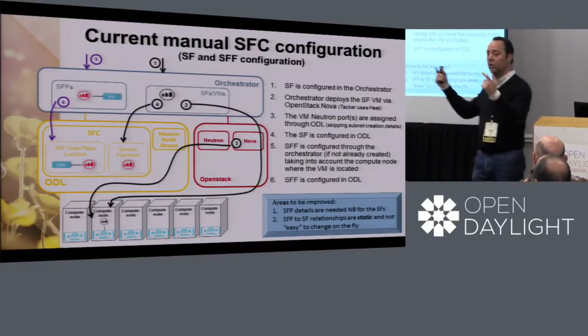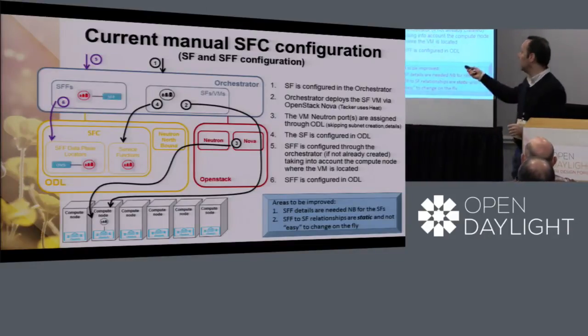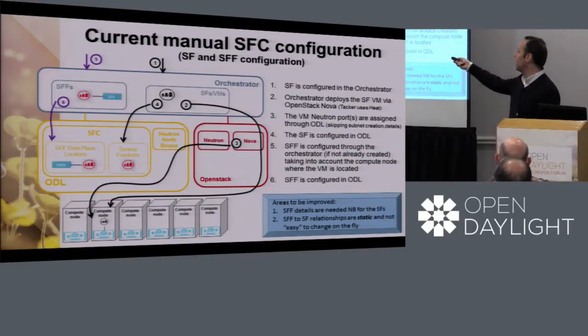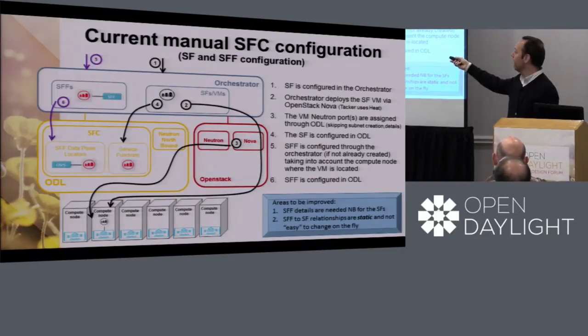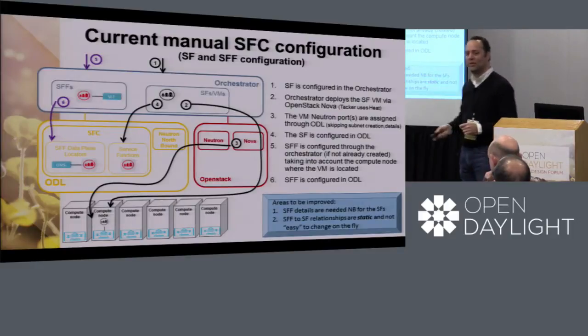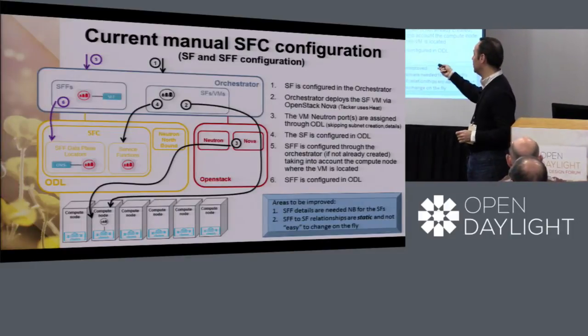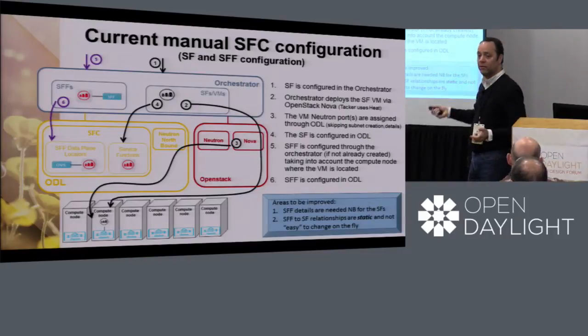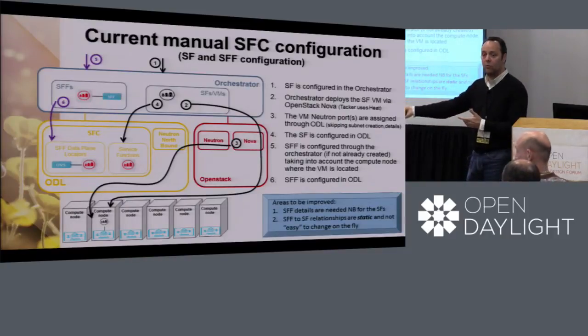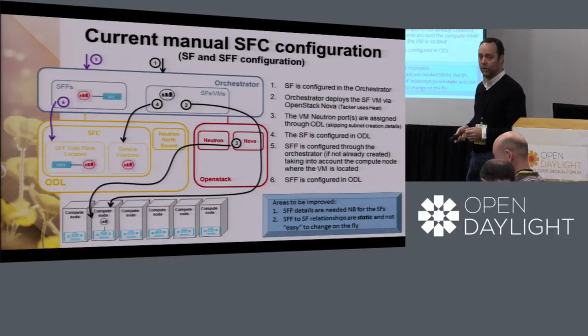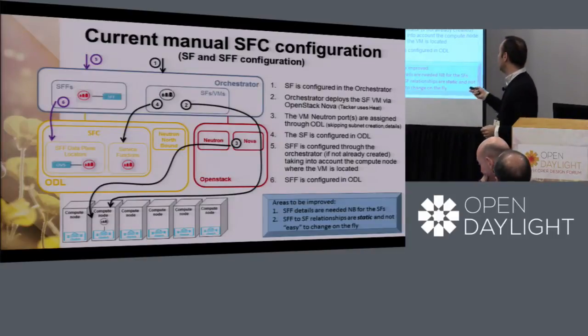You need to know that in the northbound, and you need to tell the orchestrator, first create a service function, and then here's the service function forwarder that service function goes with. It doesn't really make sense to do that at this step, because the orchestrator created the VM, so it should know where the service function forwarder is. So these last two steps are what we're going to address in the next slide.